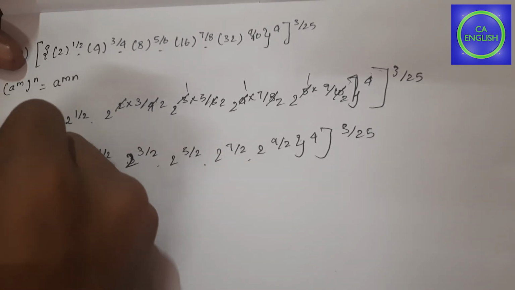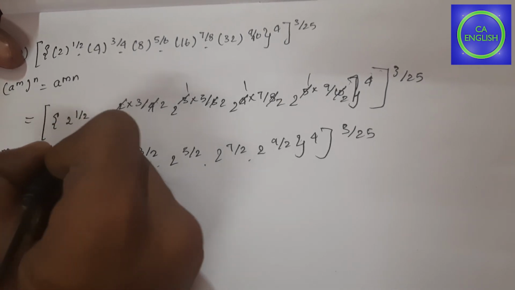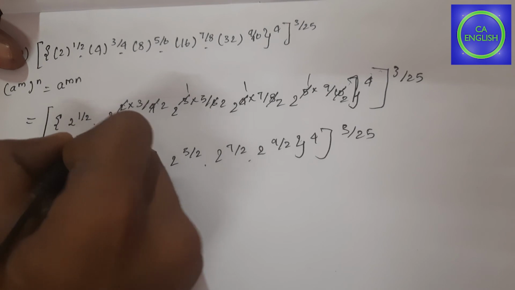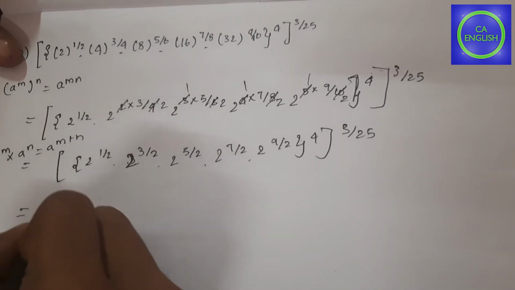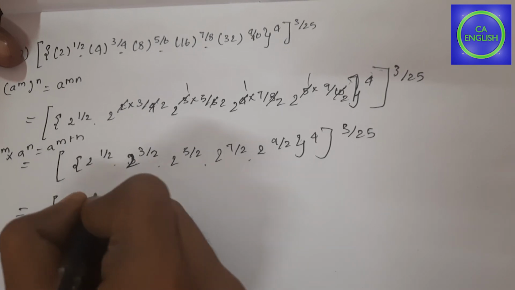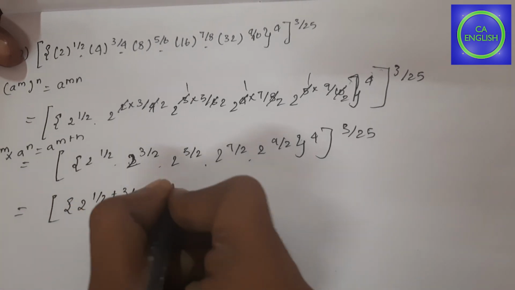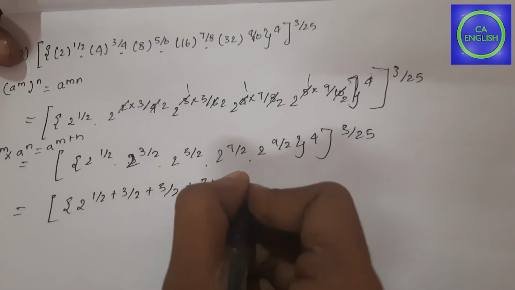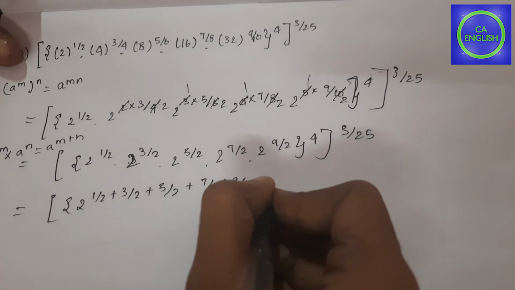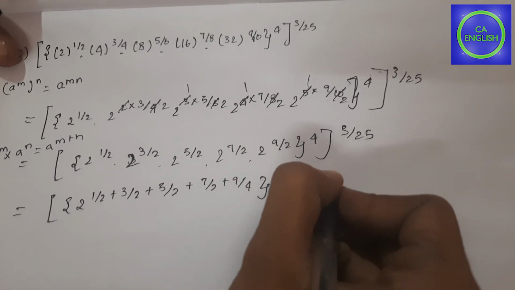That law is a power m into a power n is equal to a power m plus n. The base values are equal, so we are going to add the power values. Okay, now write it. 2 power 1 by 2 plus 3 by 2 plus 5 by 2 plus 7 by 2 plus 9 by 2, the power of 4 and the whole power of 3 by 25.